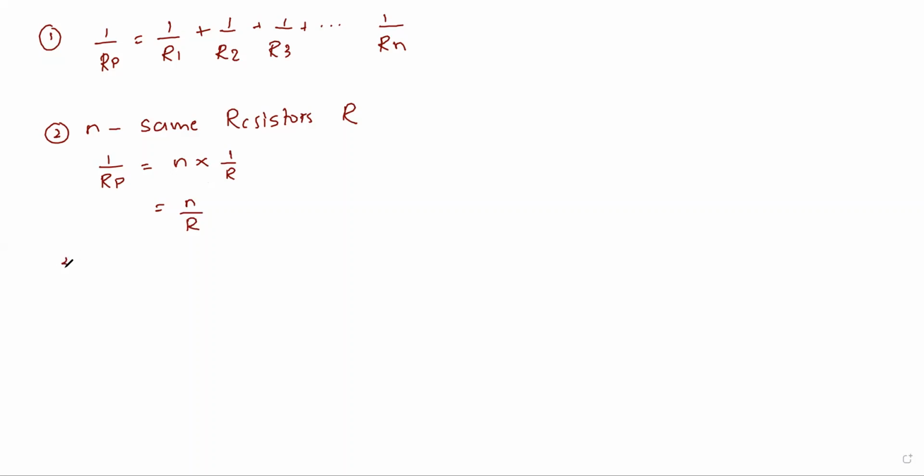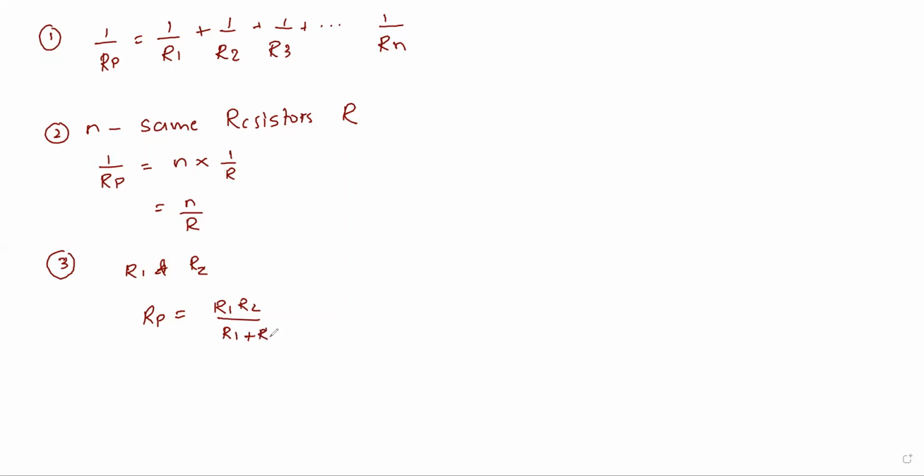And the most important, I have told this in the capacitors also, and the same is applicable in resistors as well. If you consider only two resistors, R1 and R2, remember, this is not applicable for more than two resistors, then you can write Rp is equal to R1 R2 by R1 plus R2.